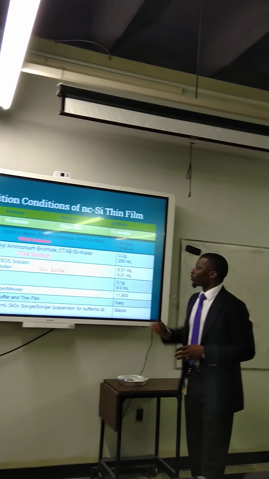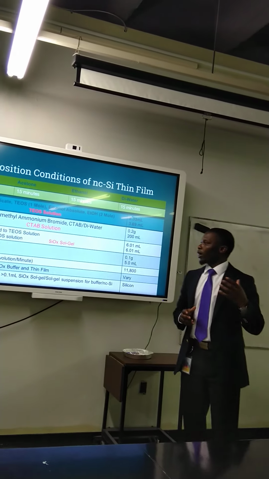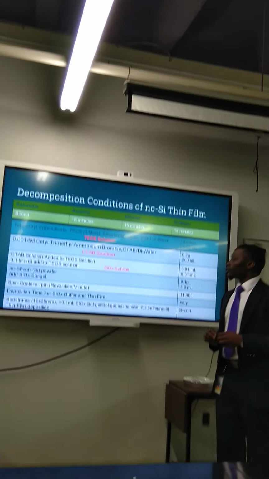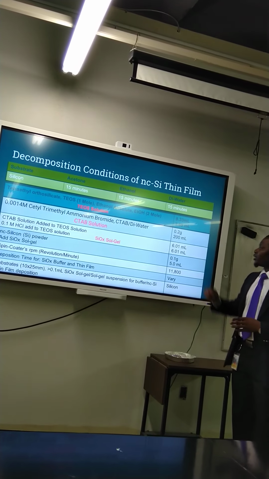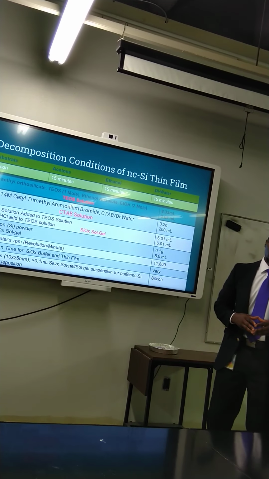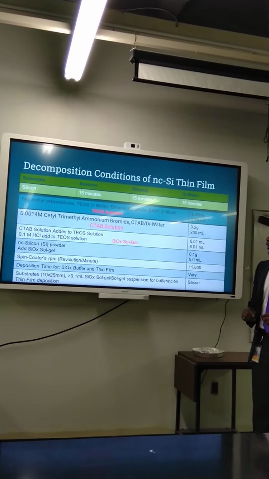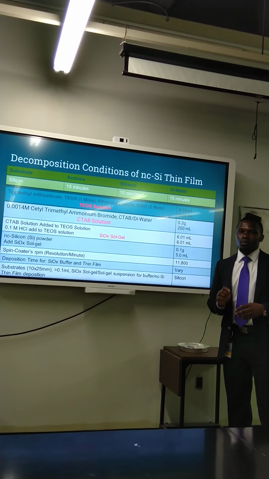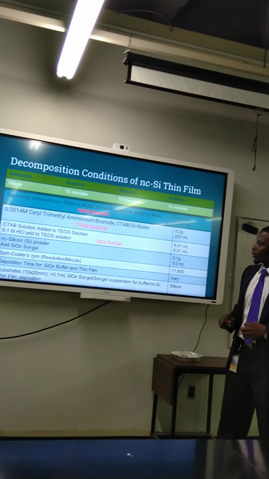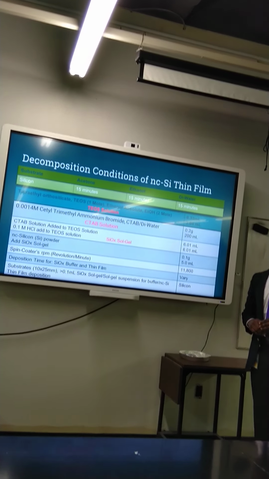And then the silicon oxide sol-gel was prepared by mixing the two. So I mixed the TEOS solution with hydrochloric acid, and that quantity came to 6.01 milliliters. And you see that for the nanocrystal powders, I used 0.1 grams and added that to the sol-gel solution that I created.